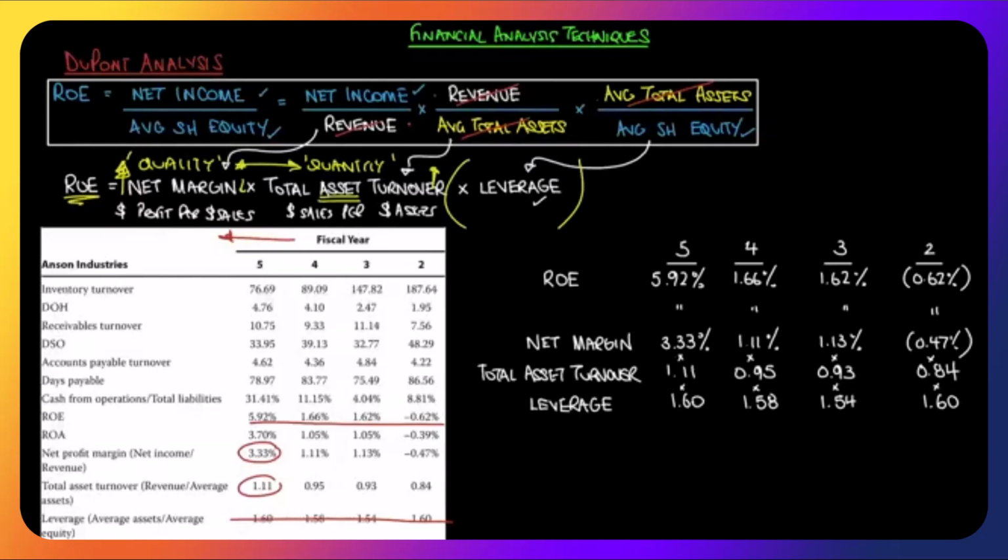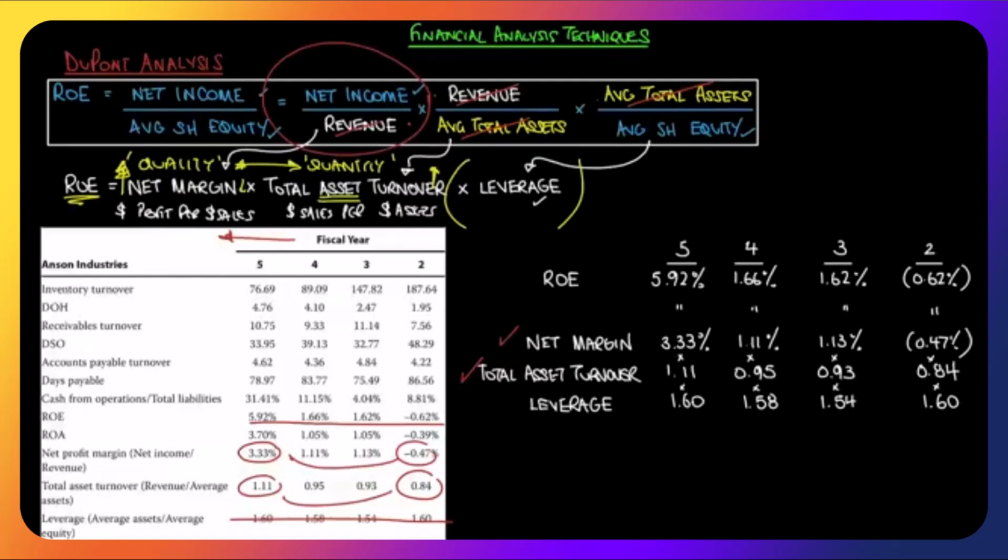So it's not leverage. But let's look between net margin and total asset turnover. Well, it's both. We've turned a negative net margin into a positive and improved total asset turnover. That is a win-win. We're generating more revenue per dollar of assets, and from every one of those dollars, we're turning more of it into profit. Good news.